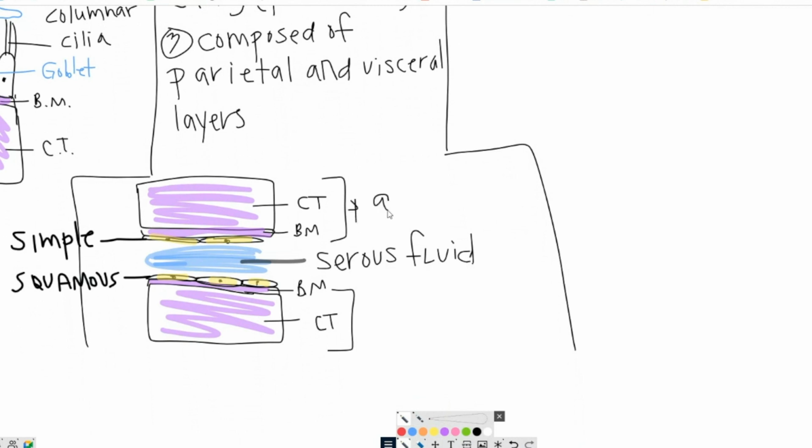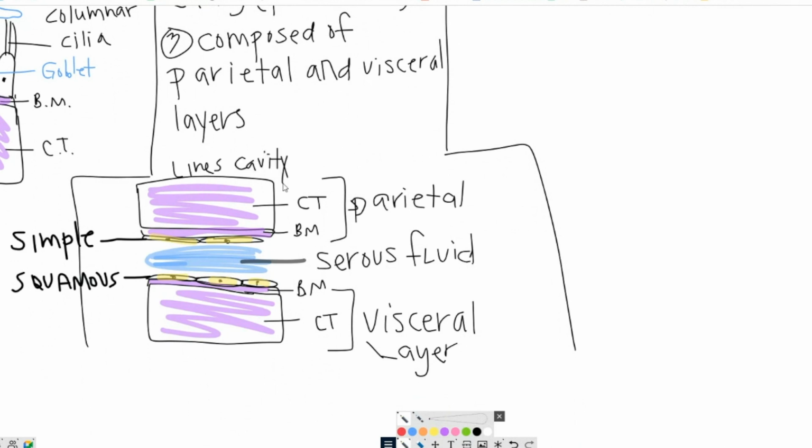This is the parietal layer, and this is the visceral layer. And if you remember back to chapter 1, the visceral layer is the layer that sits on the organs, actually anchors to the organs. And then the parietal layer is the one that is lining the cavity. So this lines the cavity, and this one lays on the organ.